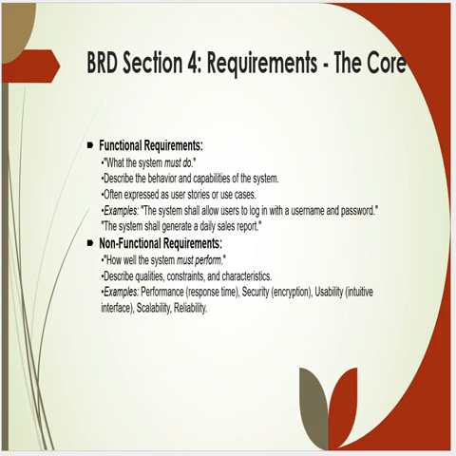Along with this, the acceptance criteria should cover how the system will perform before we accept that user story. That should be covered in detail in the functional requirement document. Consider some examples of functional requirements: the system shall allow users to log in with a username and password. The system shall generate the daily sales report. Those are examples of functional requirements.